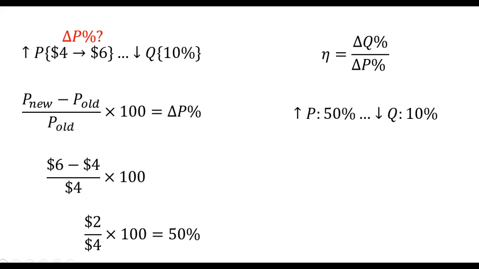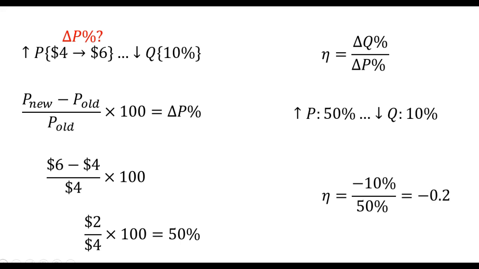Because, as I've said in a previous video, if the effect in percentage terms is smaller than the cause in percentage terms, then we say that this effect is unresponsive or inelastic. And that's obviously the case here. A fairly large percentage change in the price led to, relatively speaking, a very small percentage change in the quantity demanded.